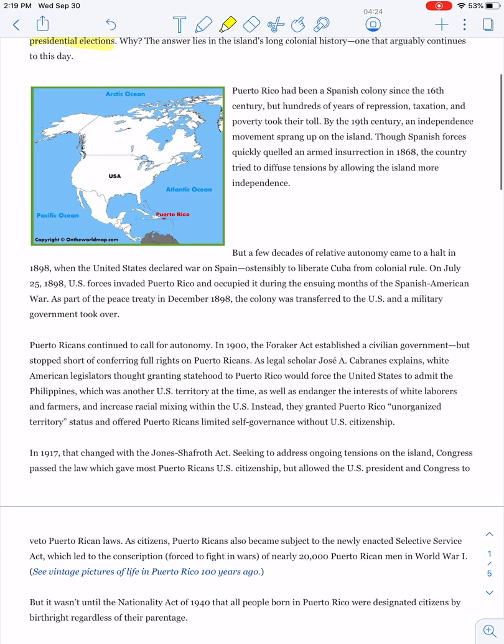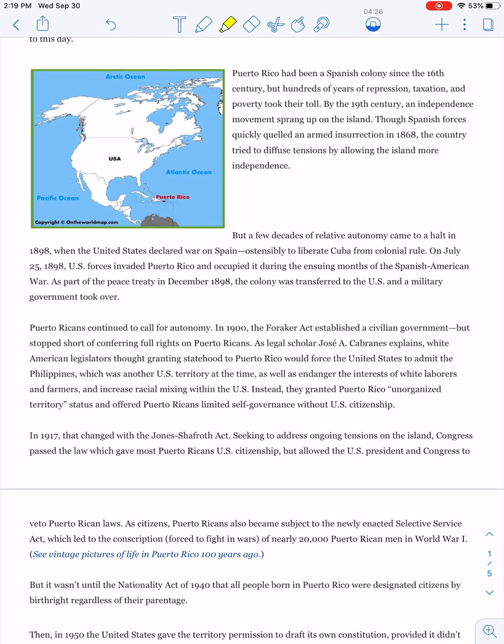But a few decades of relative autonomy came to a halt in 1898 when the United States declared war on Spain, ostensibly to liberate Cuba from colonial rule. On July 25, 1898, U.S. forces invaded Puerto Rico and occupied it during the ensuing months of the Spanish-American War. As part of the peace treaty in December 1898, the colony was transferred to the U.S. and a military government took over.